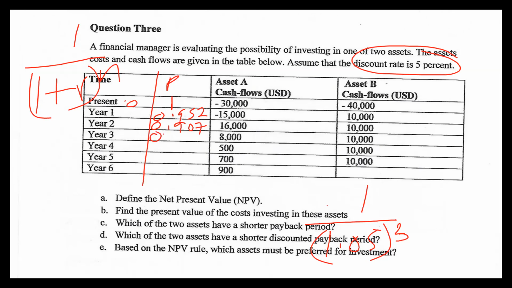You open the bracket, 1 divided by, open the bracket, 1.05 to the power 3, like this. What do you get? We get 0.864. What do you get in the fourth year?